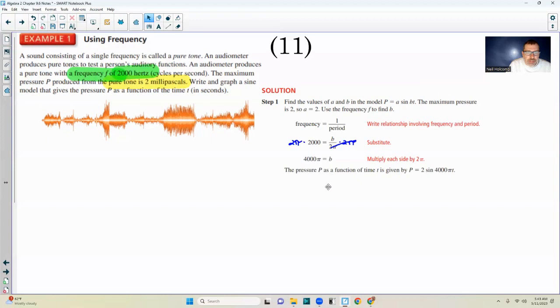Okay, so there's our equation. A was 2, B was 4000 pi, so P equals 2 sine 4000 pi t. Then we want to graph the model. The amplitude is 2, and the period is 1 over f, which is 1 over 2000.